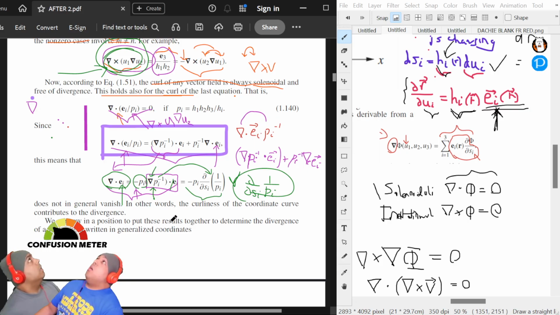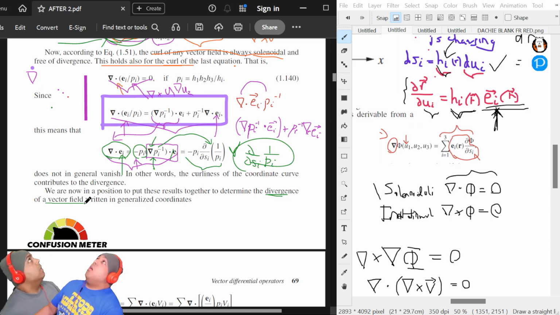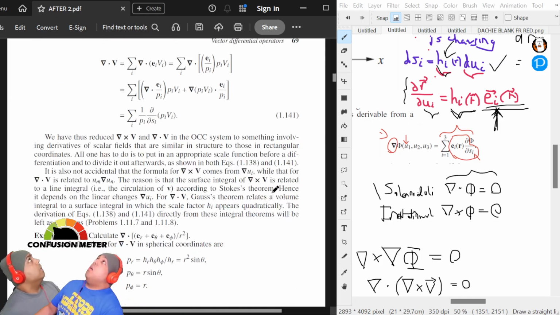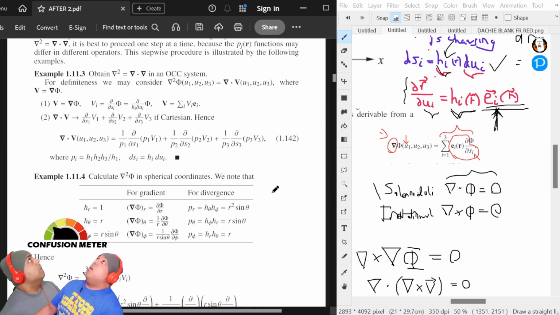We are now in a position to put these results together to determine the divergence of a vector field written in generalized coordinates. So all of this was just some big grandiose plan to bring them together.